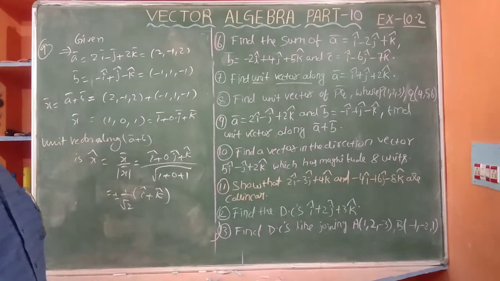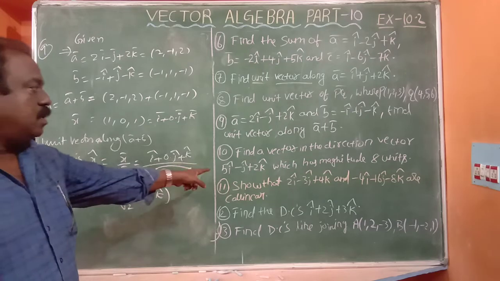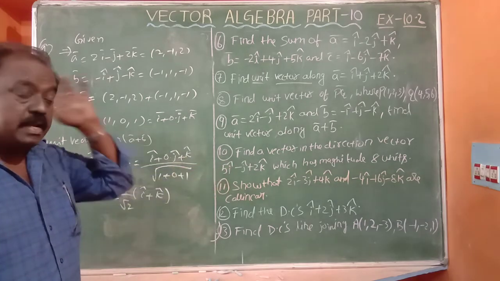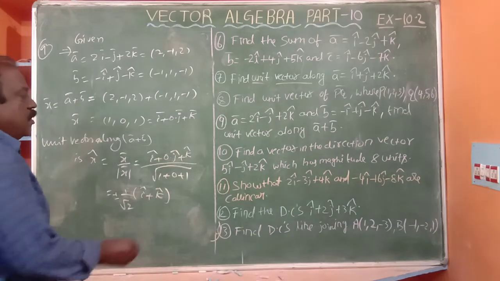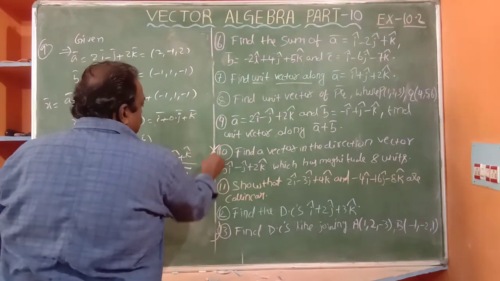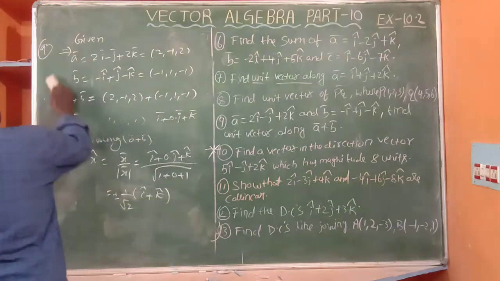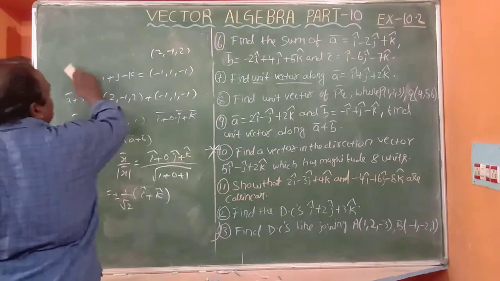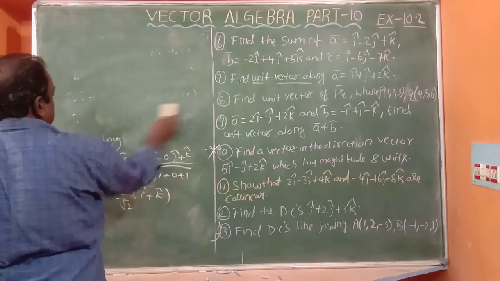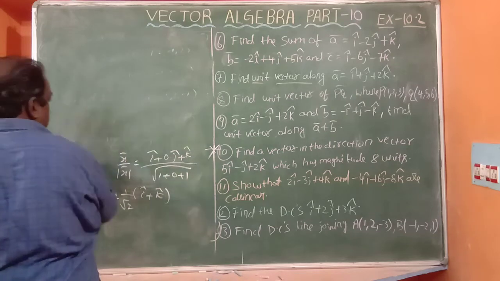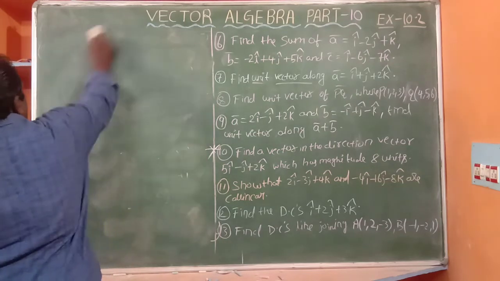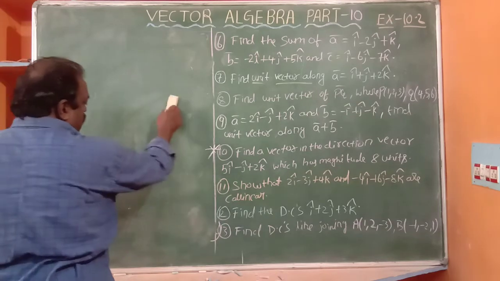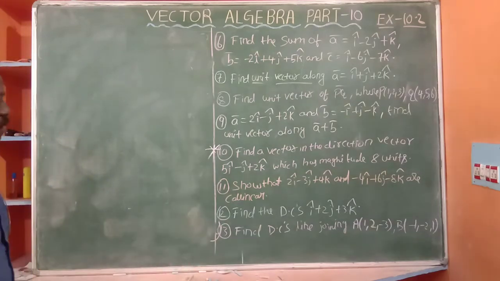Next, 10th problem. Find the vector in the direction of a vector which has magnitude 8 units. It's a very important problem. Try to understand it. It's a fantastic concept.